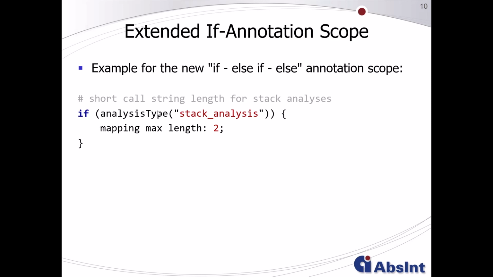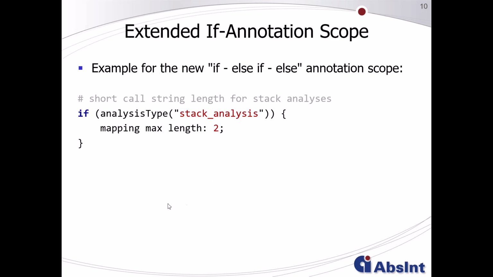In this case, I'm checking if the analysis type for the analysis I'm going to start equals a stack analysis. Then, only then, I'd like to provide a mapping for my call string length of 2. For all other analyses, the default would be applied.